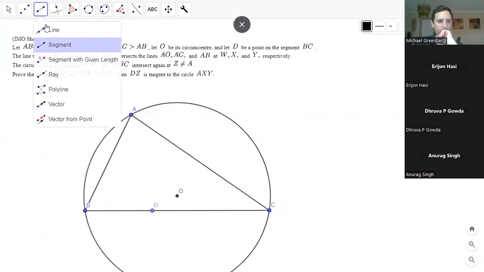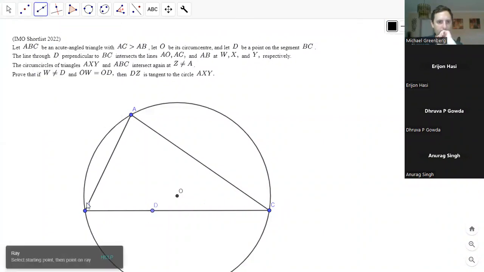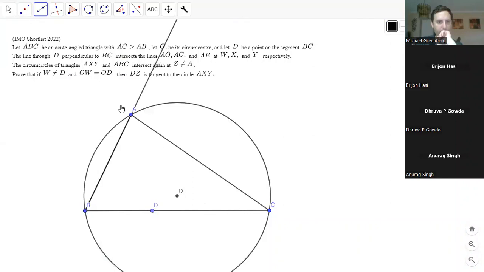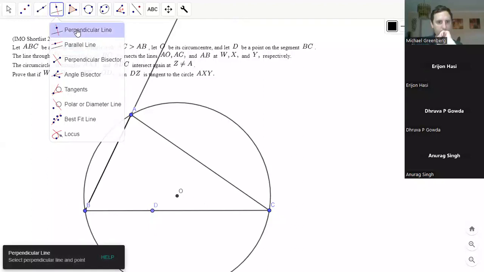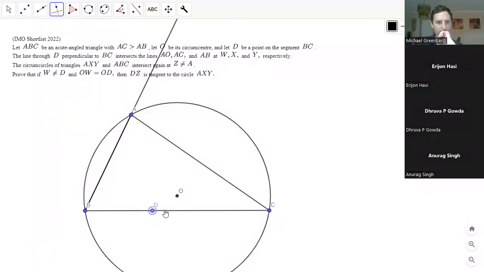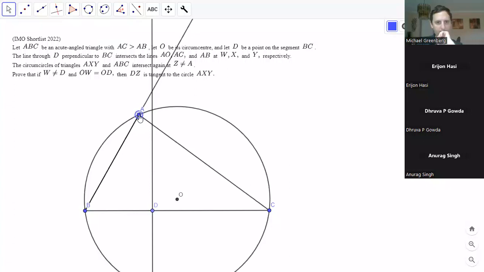Okay, so let's draw the whole ray here. I wonder if the circumcircle of these three passes through the midpoint of, I feel like I've seen something like this before, but we'll see.